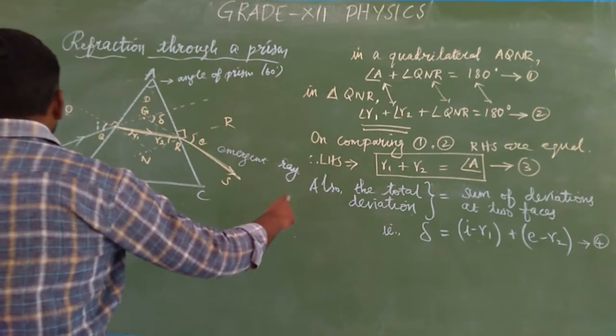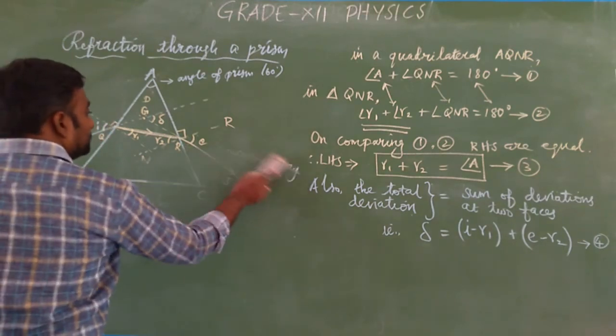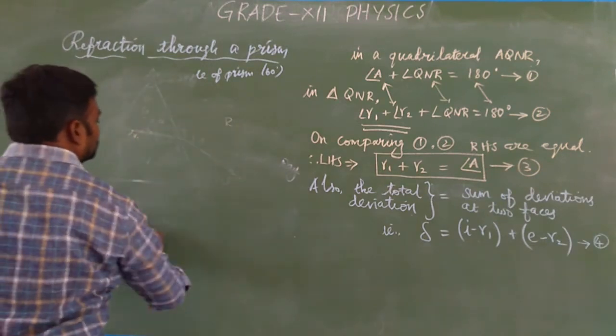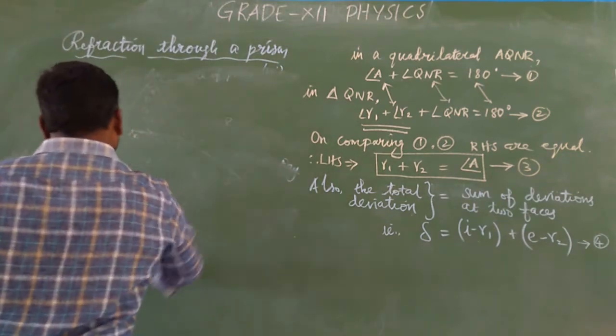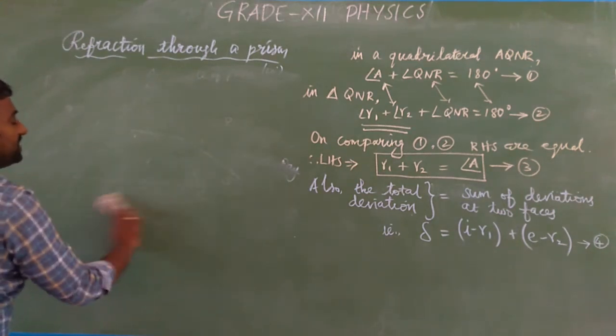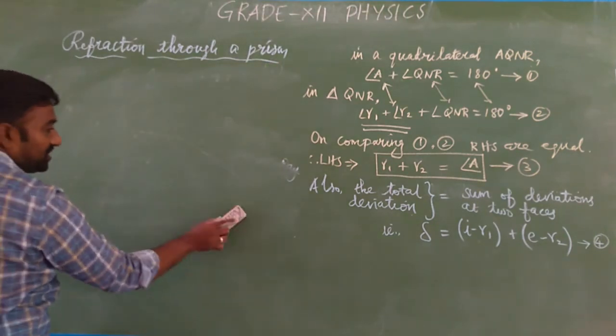Next, the angle of deviation is the same if the angle of incidence and angle of emergence are interchanged.